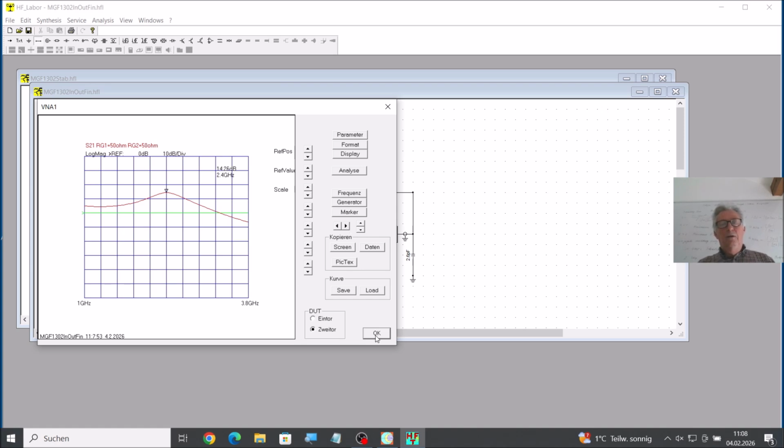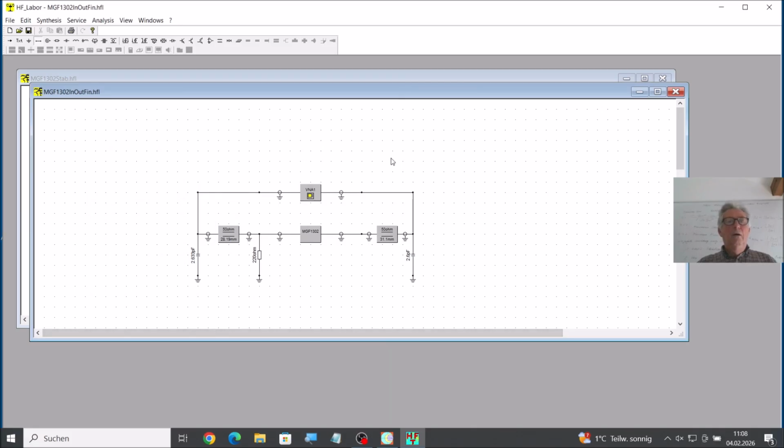And this is now the final result of the matching of our transistor. Of course, in a practical application, we still have to think how to realize the transmission lines and how to realize this capacitor.